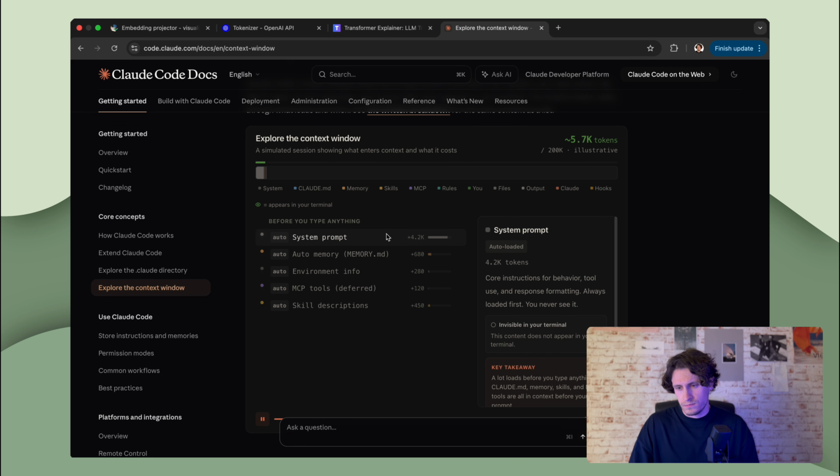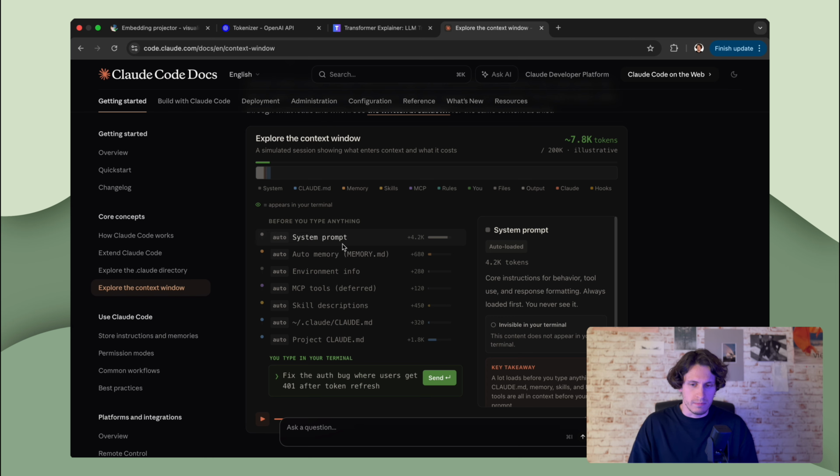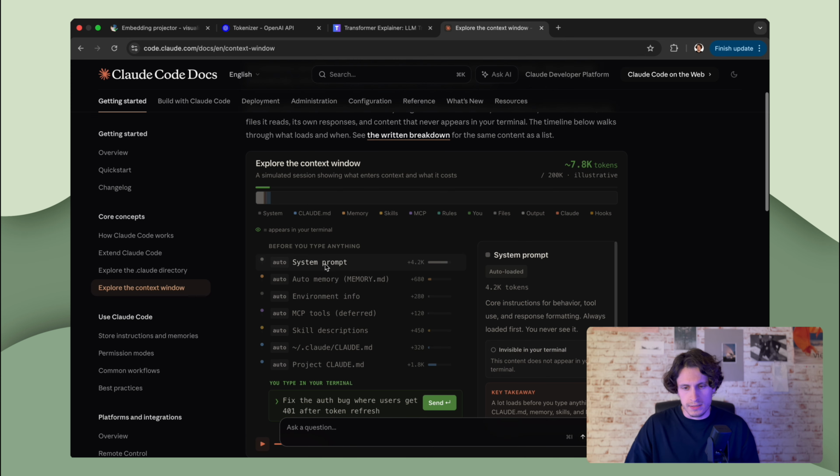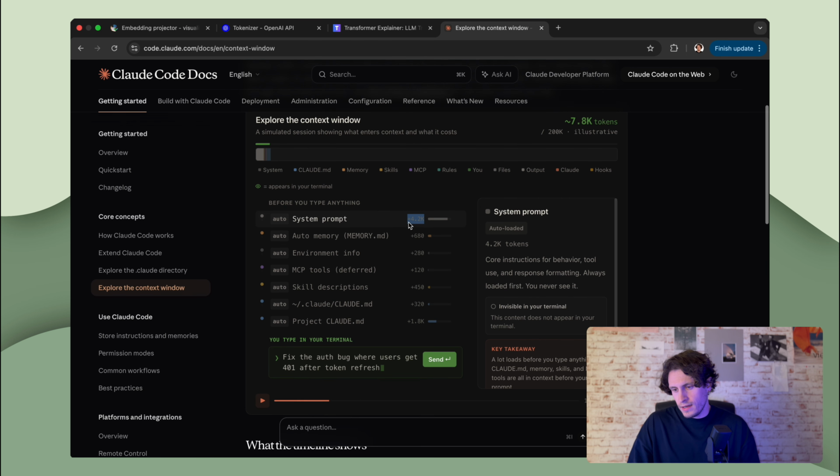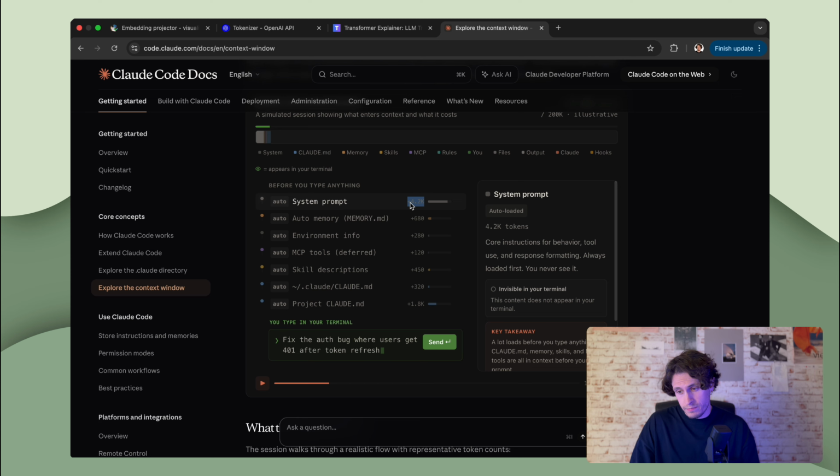We can also see that the context window normally includes not only the prompt itself, but also earlier messages, instructions, documents. So here we can see, for example, the system prompt, which costs 4K tokens, right? And even before I type a prompt, it is already loaded, and it already impacts the final cost.